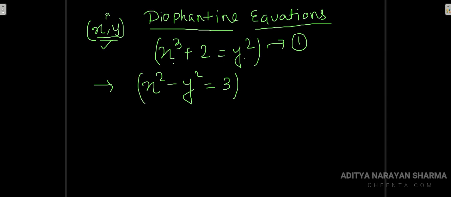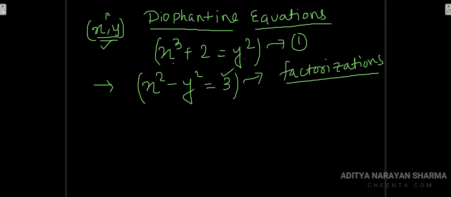Firstly, we can use a method called factorization, which all of us have learned, how to factorize polynomials. Integers have a property that they can be factorized into prime factors, and whenever the integer on the right hand side is itself a prime, that gives us an advantage.